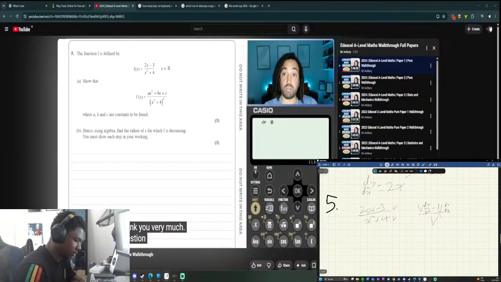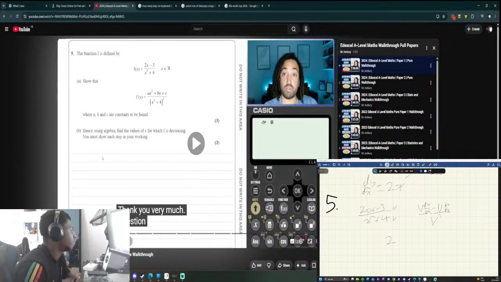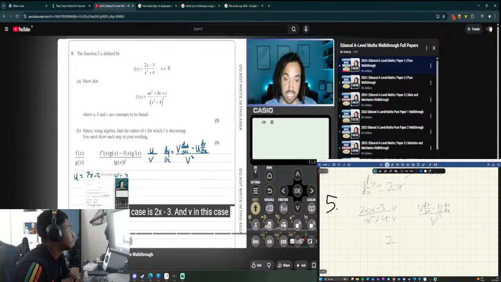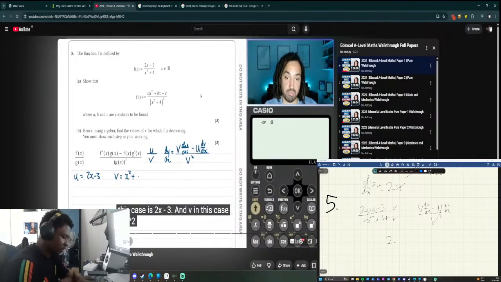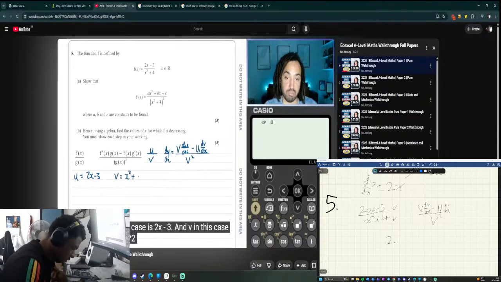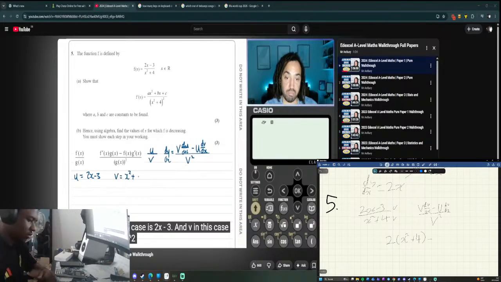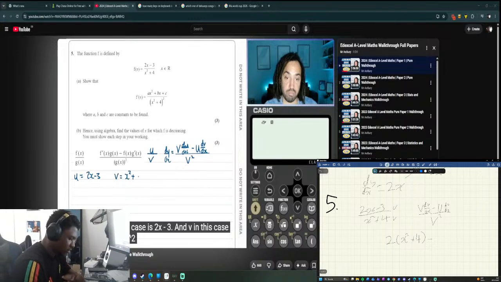So that would be 2 x squared plus 4 minus 2x... Again, we don't have time to be wrong. Question 5 says the function is this. Cool. So it should be 2, because du dx is 2.